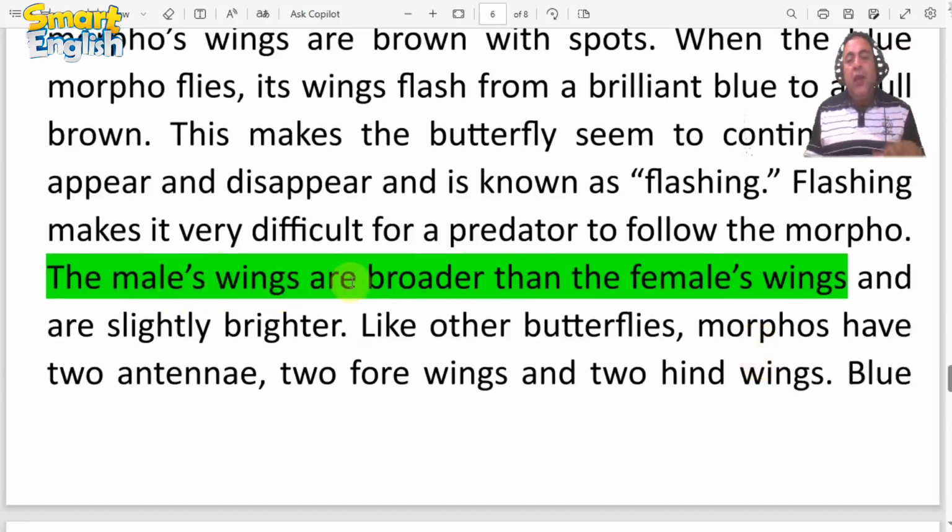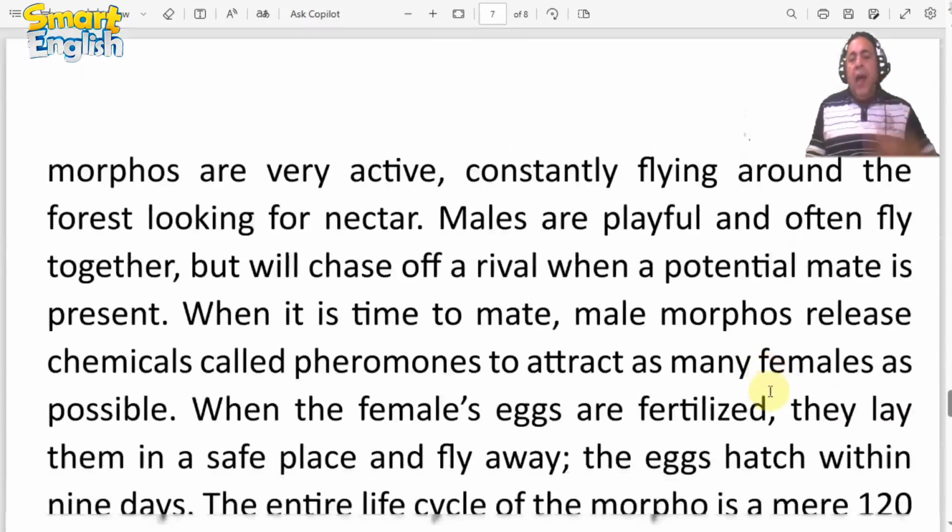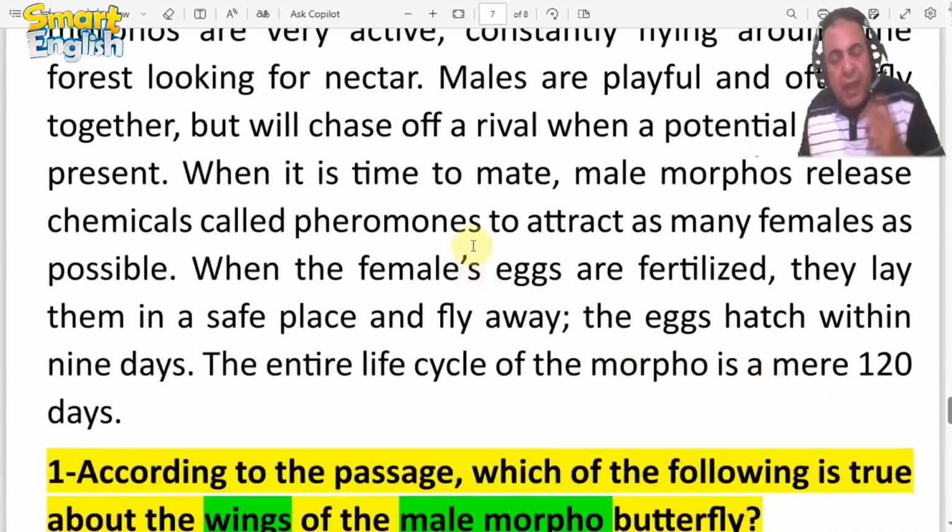The male's wings are broader than the female's wings, and you have to pay attention to this sentence in green color, and are slightly brighter. Like other butterflies, morphos have two antennas, two fore wings and two hind wings, okay? And this is another part of the text.